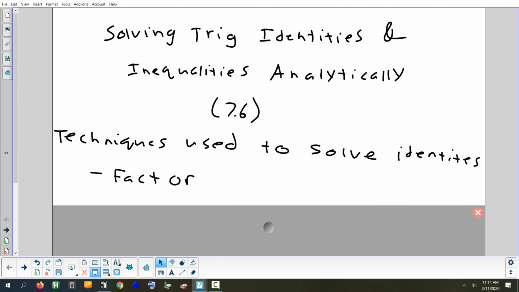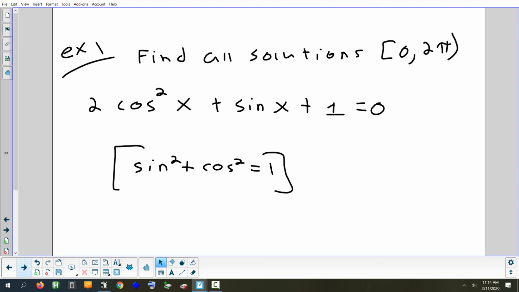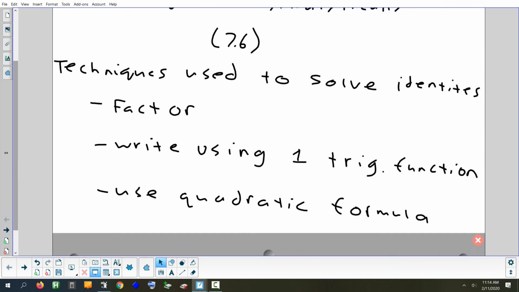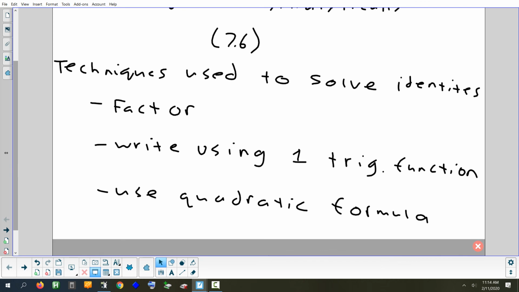So, the different techniques that we're going to be using to solve equations like that are factoring, quadratic formula, and trying to rewrite everything with one trig function. Having multiple trig functions in the same equation is like having multiple letters in the same equation, and you can't really do that.